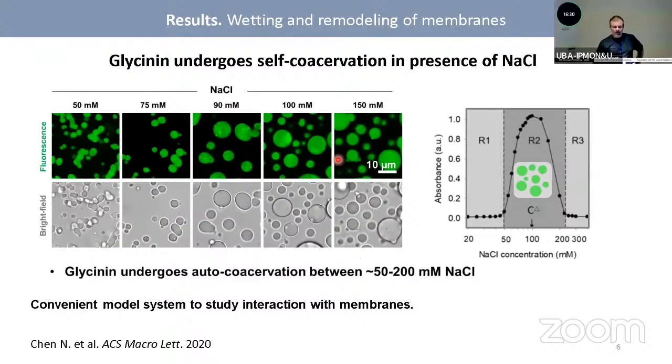This is the model that they used, glycine, and glycine undergoes biomolecular condensation, and this changes in shape depending on the ionic strength. Sodium chloride can drive this condensation, and they did a previous study of the formation of biomolecular condensate over a long range of concentrations of sodium chloride, and they recognized that from 50 to 200 millimolar of sodium chloride, this produces biomolecular condensate.